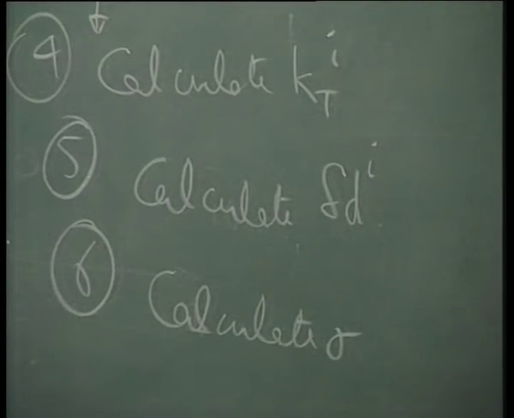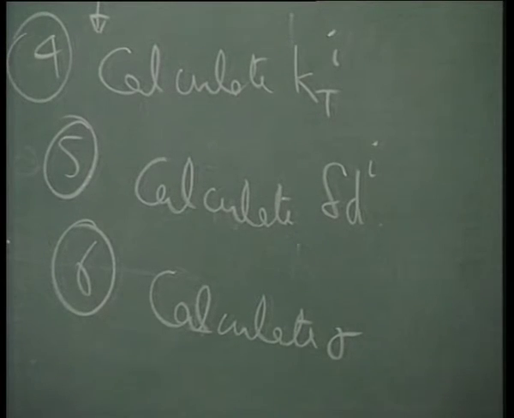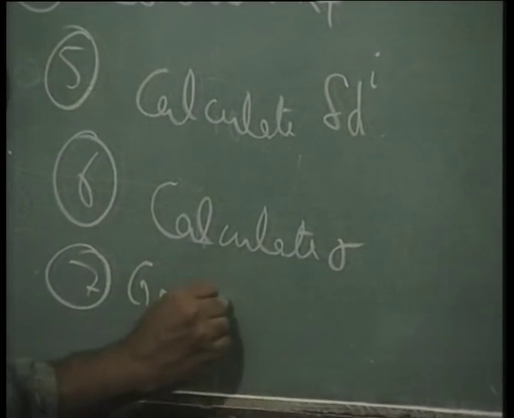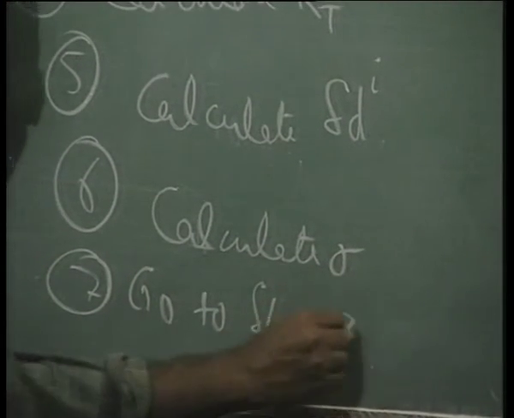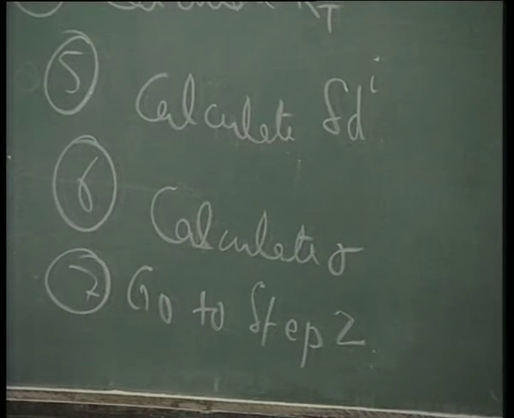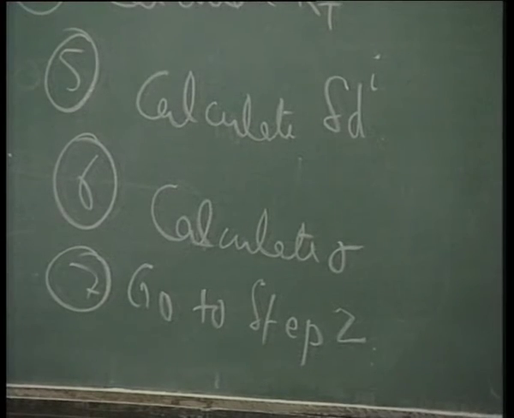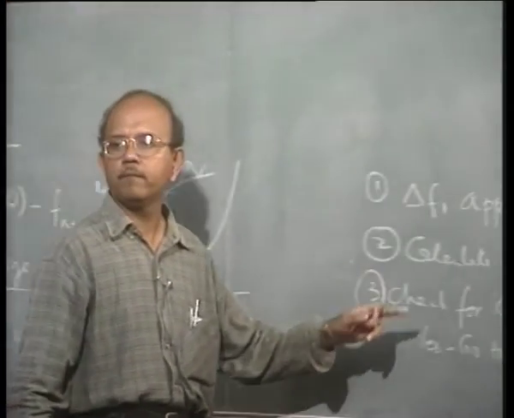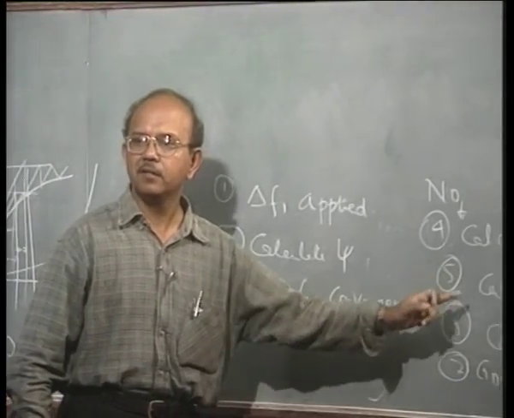That is why I said you can reorganize it in a better fashion. Go to step 2, calculate error, check for convergence. If yes, go back to 1. If no, come back again.